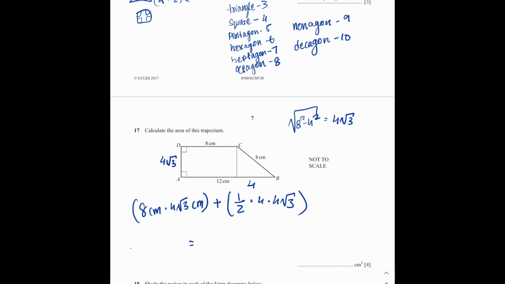This gives you 69.28. Or we're supposed to do it to the nearest tenth, so 69.3 centimeters squared. Okay, cool.